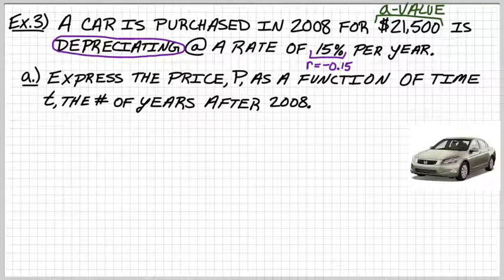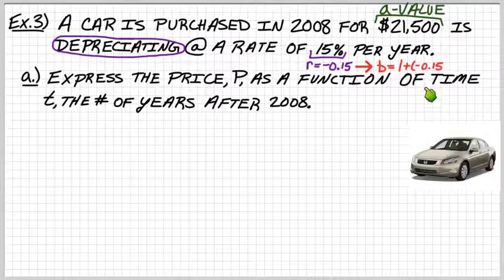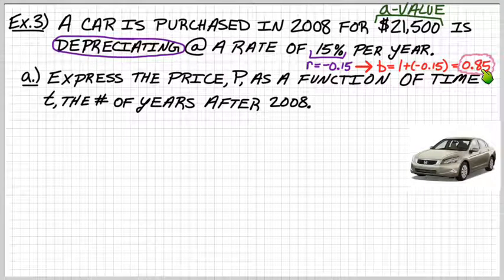So our B value, if I compare that to 1, so 1 and negative 0.15, my multiplier is just going to be 0.85. So anything less than 1 for the multiplier is going to be exponential decay, which is what we have in this case.